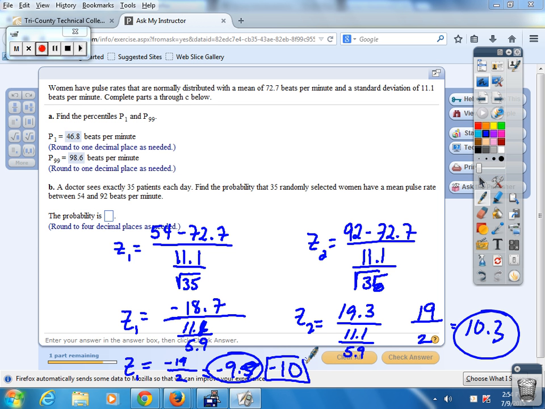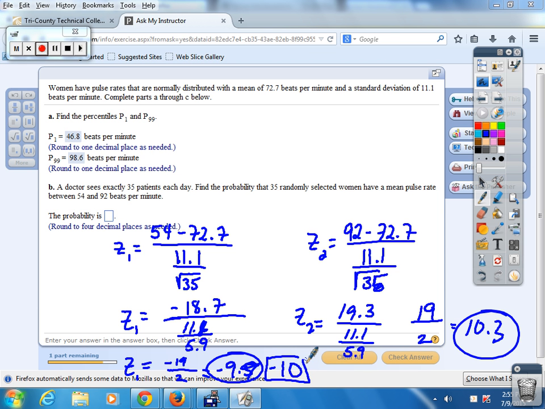All right, now we just got to find the probability between these two z-scores. Somebody do normal CDF, or whatever it's called, from negative 10 to 10.3.